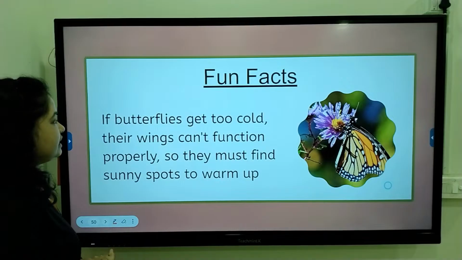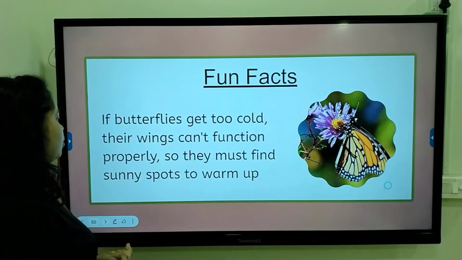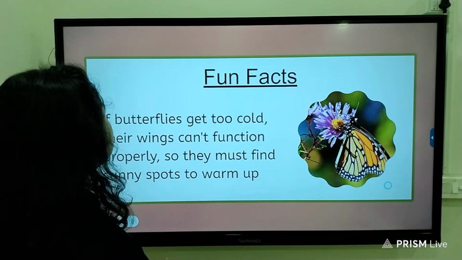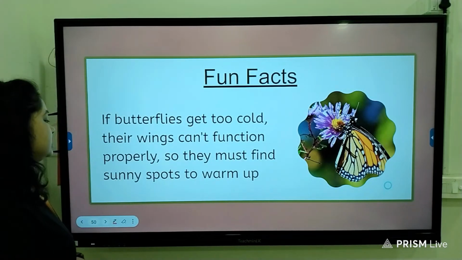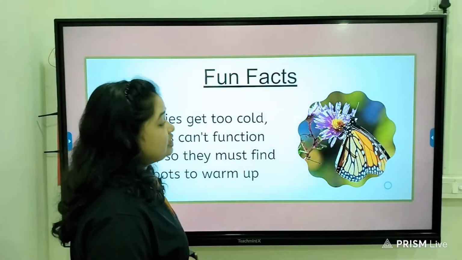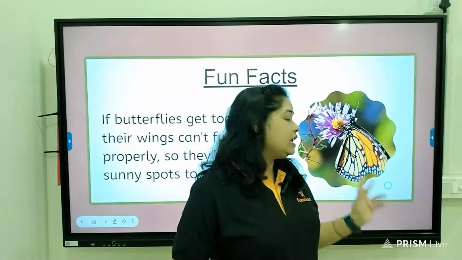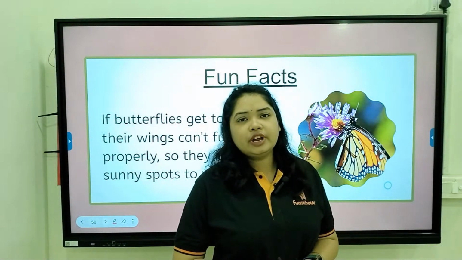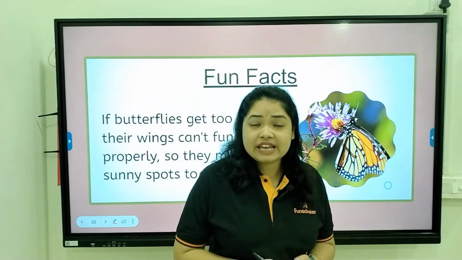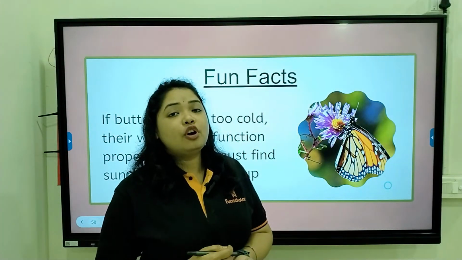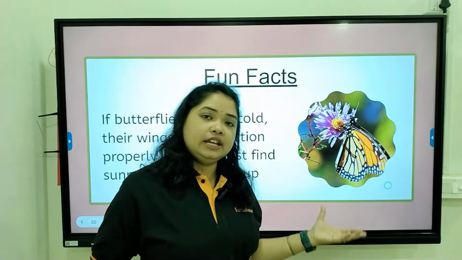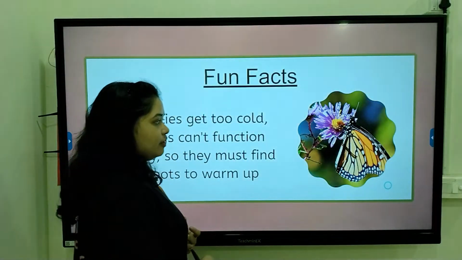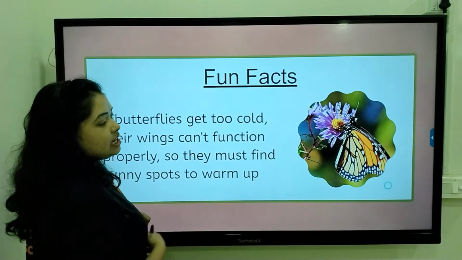So the fun fact is that butterflies can get too cold, and their wings cannot function properly in this case, so they must find some sunny spot. So it is very common to spot butterflies in a garden full of flowers which is sunny, because butterflies prefer sunny spots.